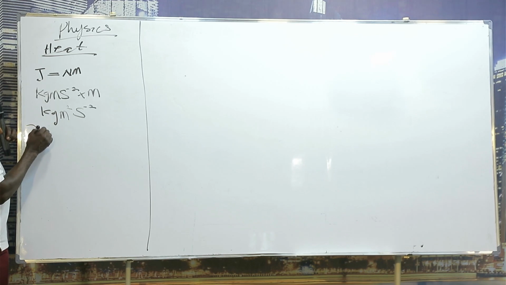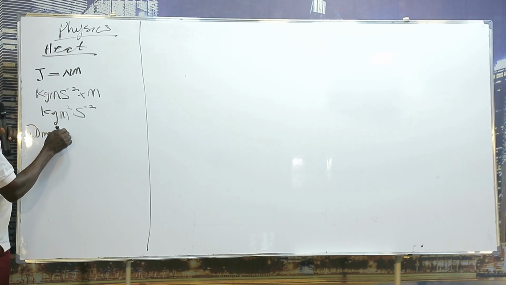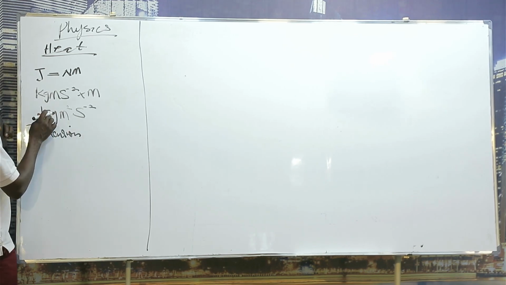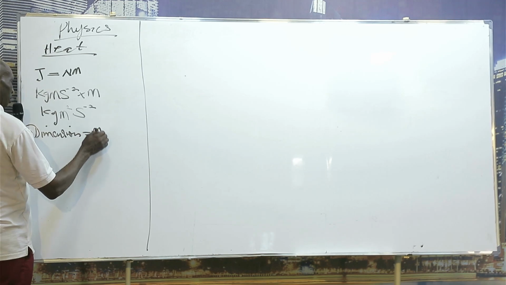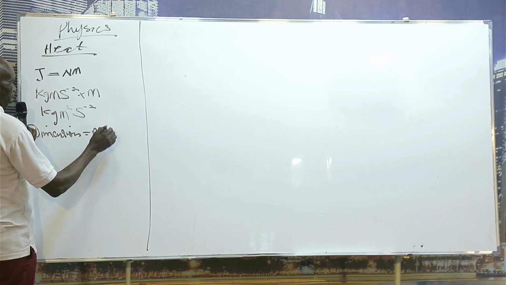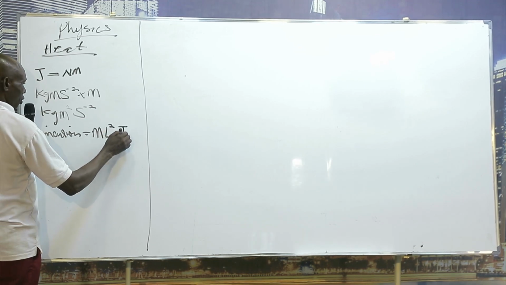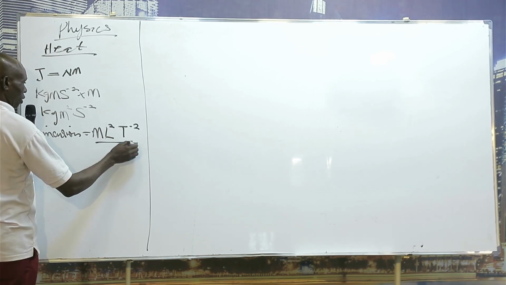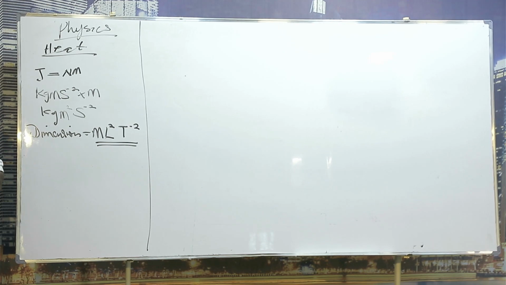So, the dimension: kilogram is mass, capital letter M, L is length squared, T raised to power minus 2. So this is the dimension of heat.